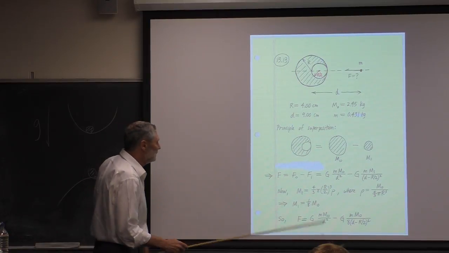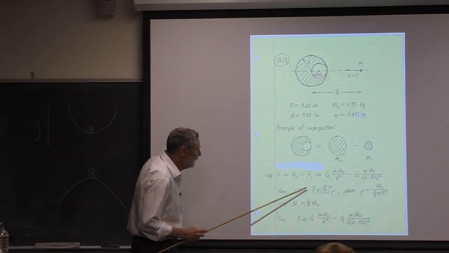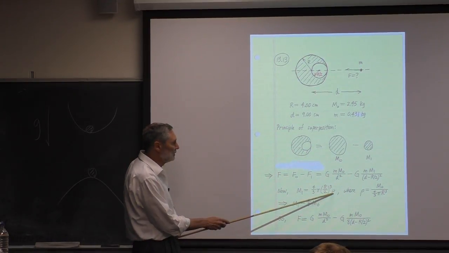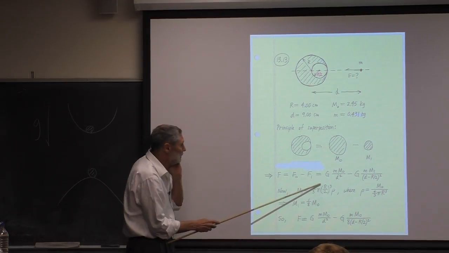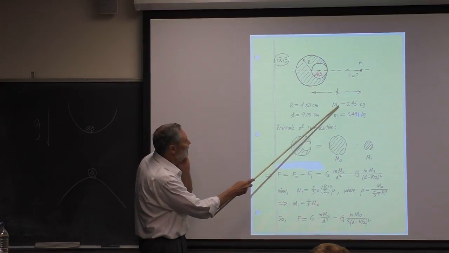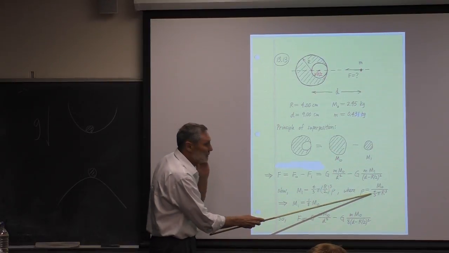But if you don't see that, here's the standard way to do it. M1 is going to be the volume of M1 times the density of the material, and we're assuming a uniform material here, right? Do I know the density? Yeah, I know it because it's going to be this mass divided by that volume. That's the density.